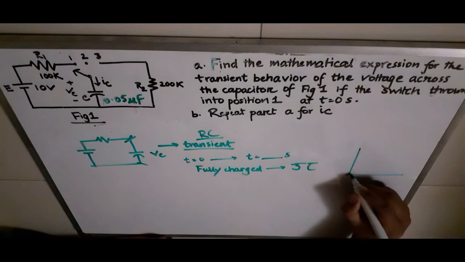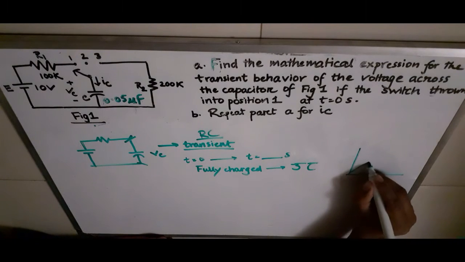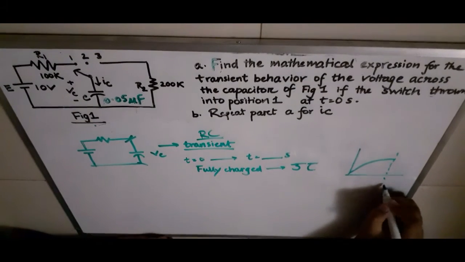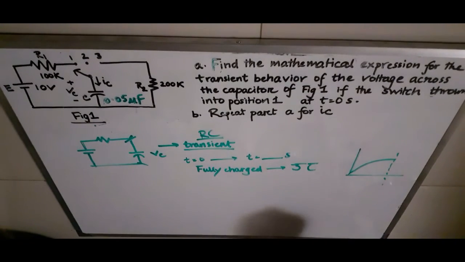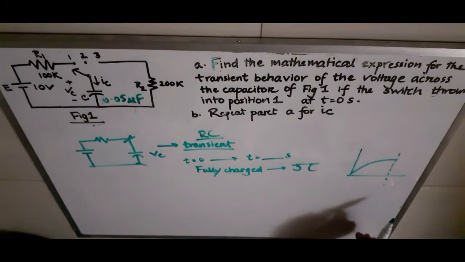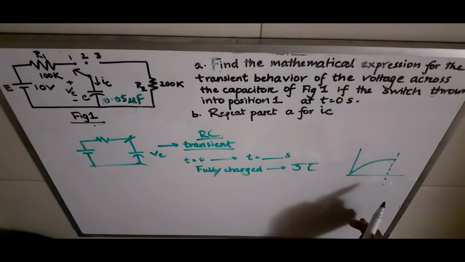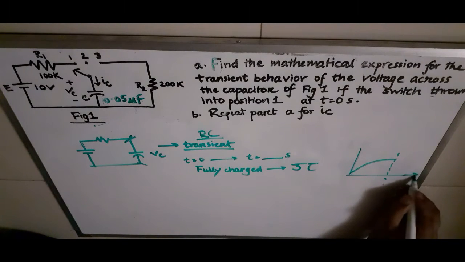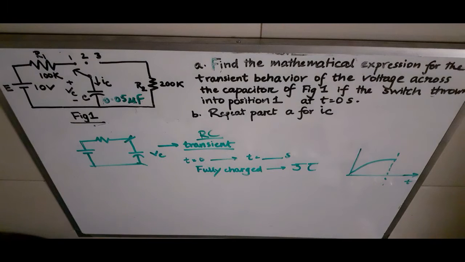I will talk about the graph as well. Okay? This is the charging phase. So you might be asking, what is this? In the x-axis we have time t, right?